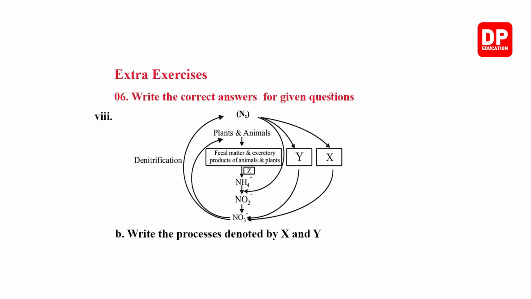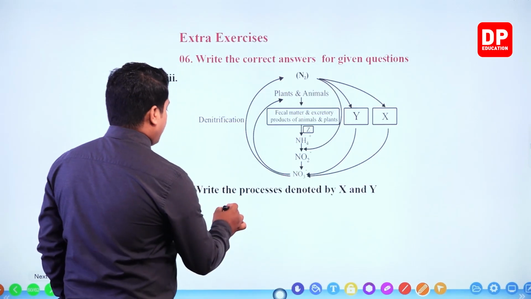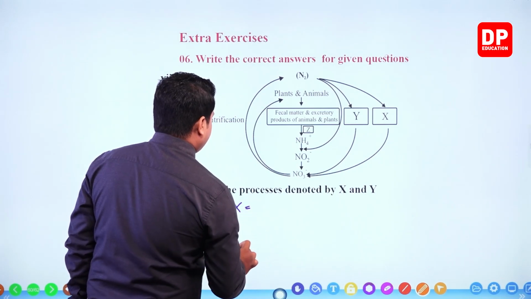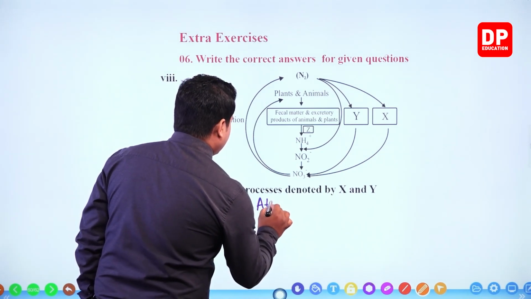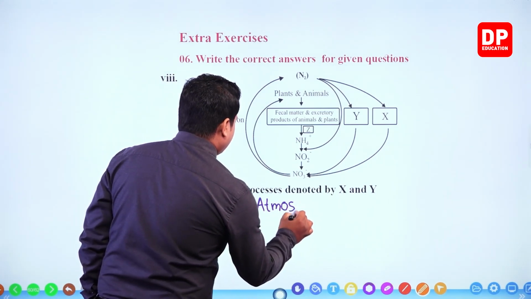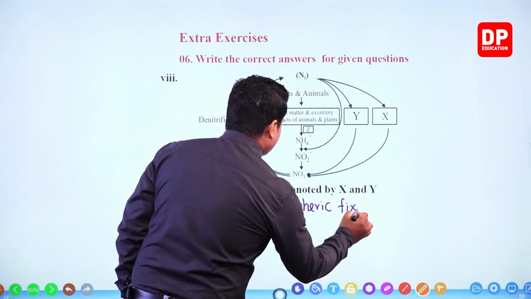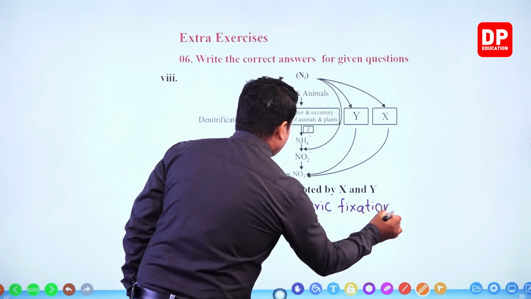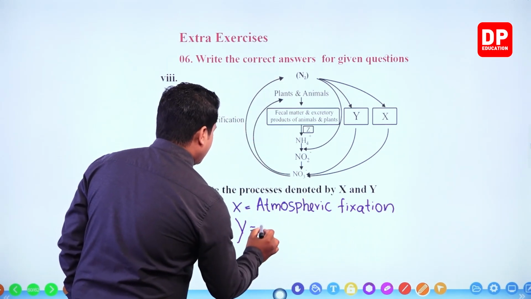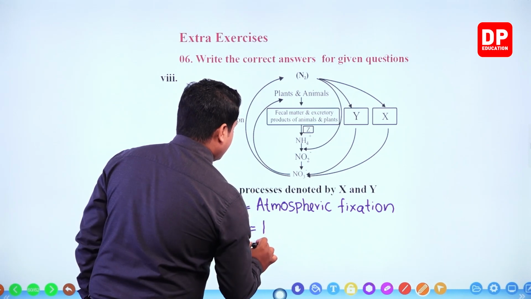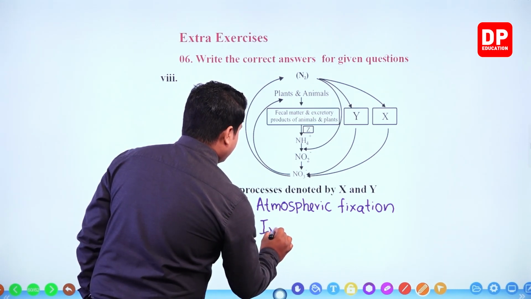Next one, write the process denoted by X and Y. Biological fixation, industrial and atmospheric. Okay, so X, atmospheric, Y, industrial.